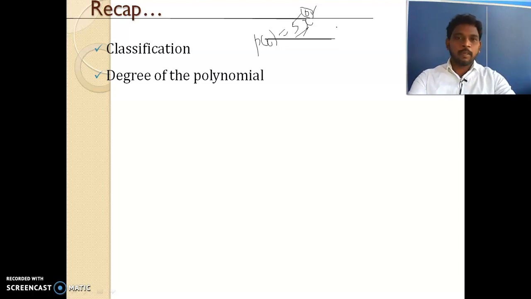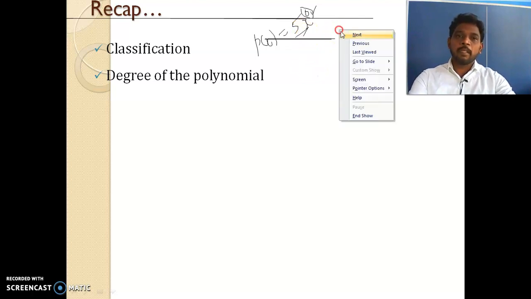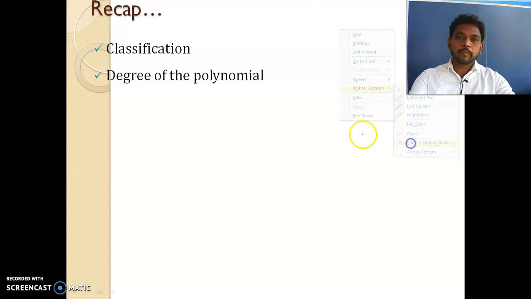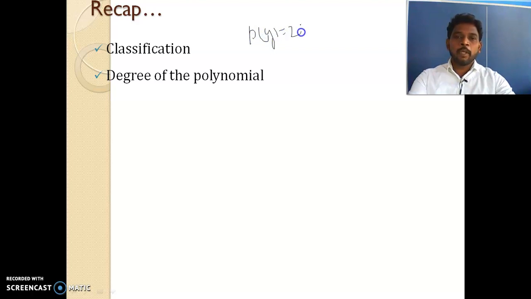Suppose a polynomial has degree 1, then it is called a linear polynomial. For example, p of y equal to 2y plus 1. What is the power of the variable here? The power of the variable is 1.